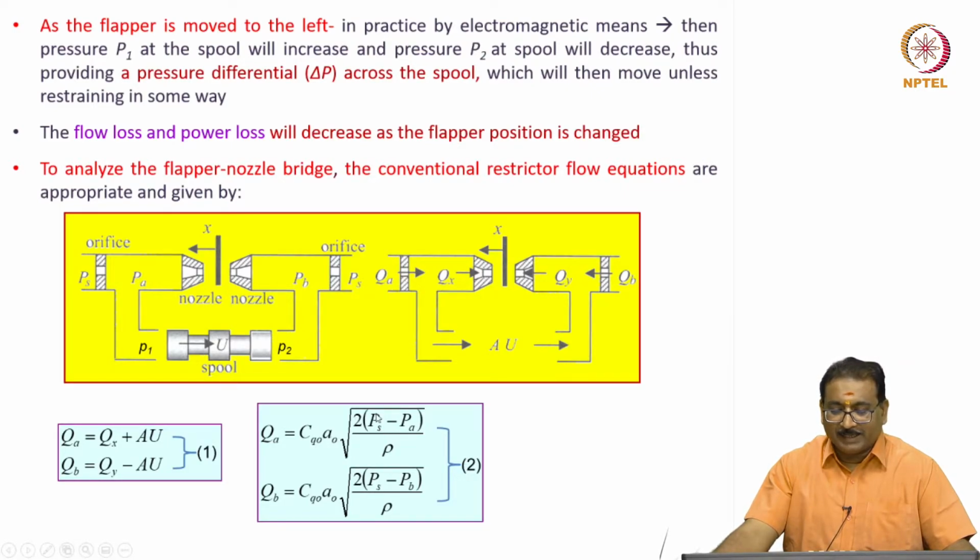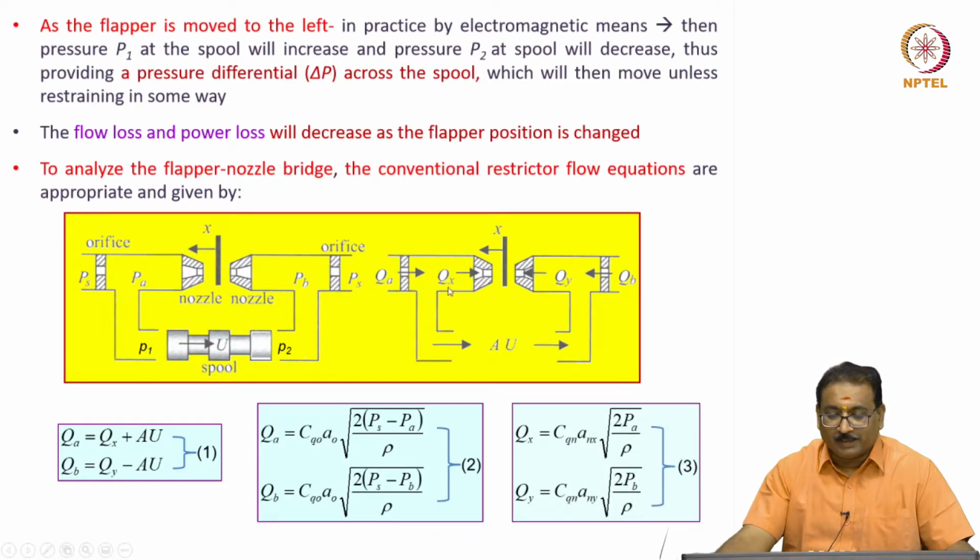PS is the supply pressure, PA is the pressure at this side. You will see rho is the density of the fluid. Similarly, the QB on the other side, whatever is coming from this orifice, is the same way Cd A0 into root of 2 (PS minus PB) divided by rho.